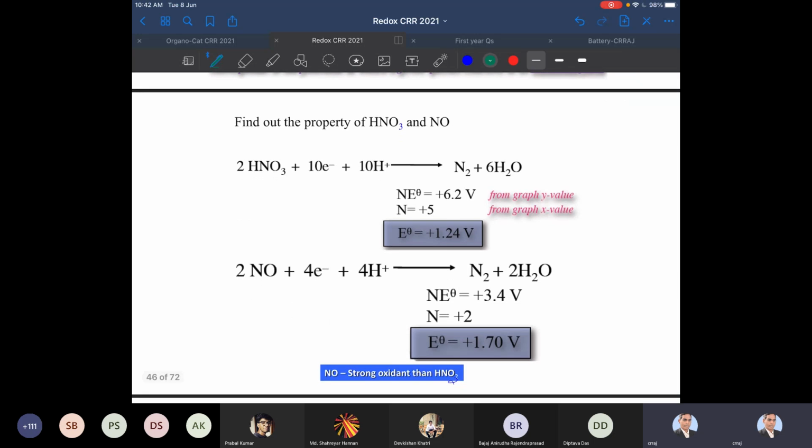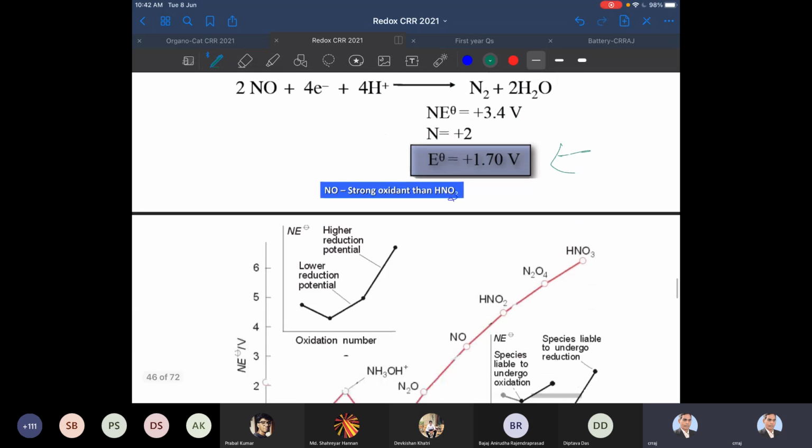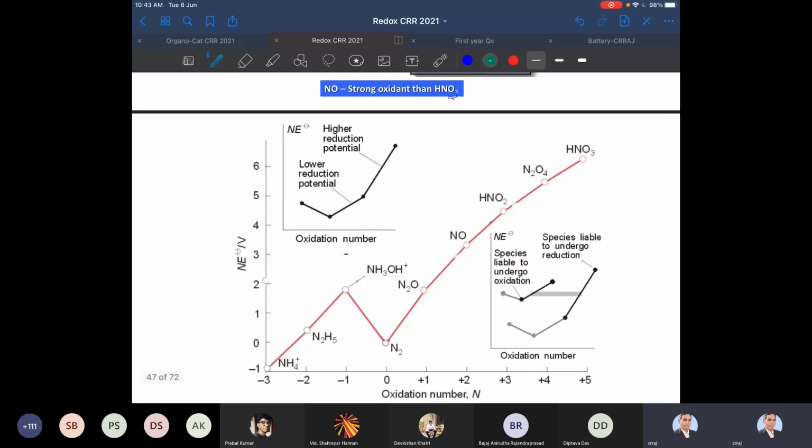Find out the property. It's 1.24, and this is 1.7. So the E0 value is higher in the case of NO to N2. Look at this diagram. Don't read the other part, only the red color line. What I'm talking about is HNO3 to N2 and NO to N2.